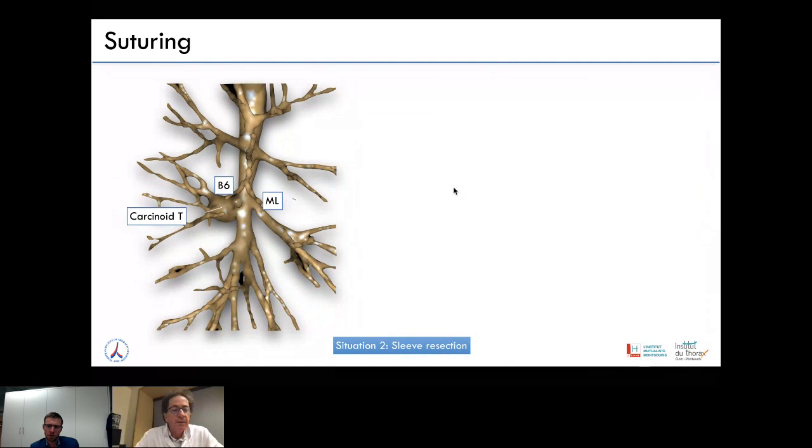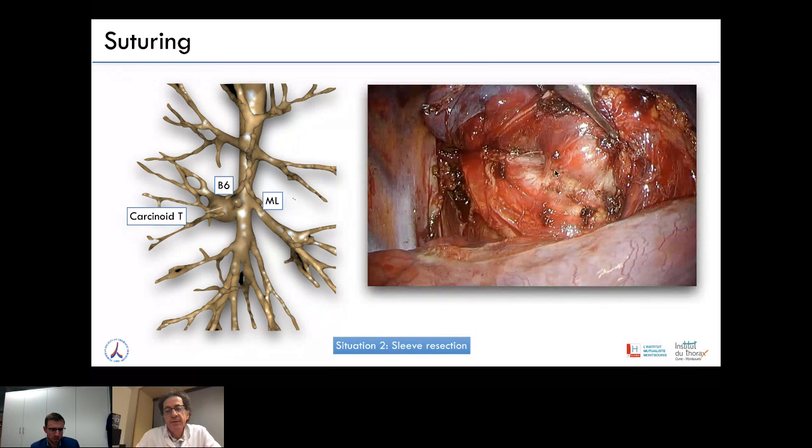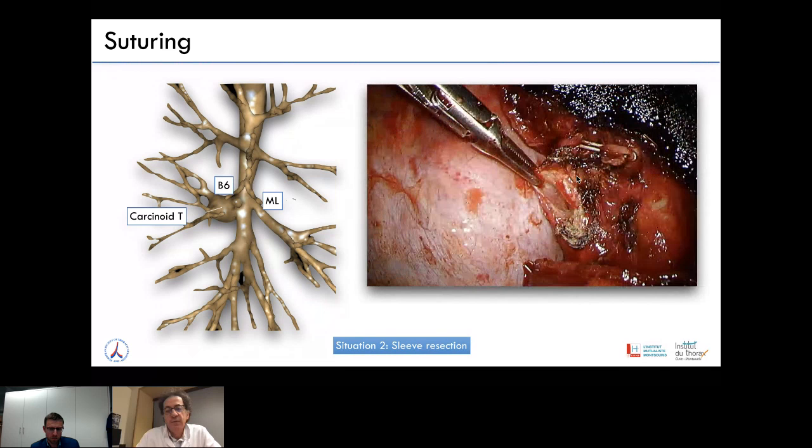This is another example of a large carcinoid tumor of B6 seen on the modelization. You see how big it is. So this is the B6 bronchus. And we have cut the bronchus with a frozen section on the margin and then sutured it.